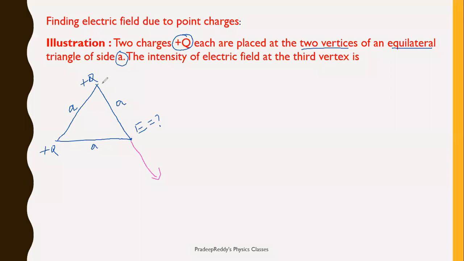Let me name these points A, B, and C. I will write EA as the field produced at C due to the charge placed at A. Now the next one: here we have another charge plus Q at position B. Because of that, there is a field extended outward in this direction. It is EB. These two fields are in different directions.